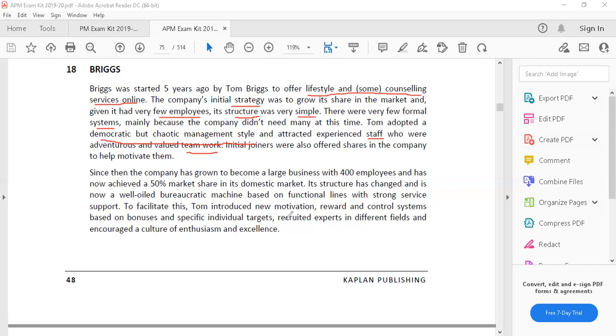Now maybe they were not so adventurous and were not valuing teamwork anymore. That's why there is a need for new motivation, for them to perform better, with rewards in place and control systems based on bonuses and specific individual targets. Then they recruited experts in different fields and encouraged a culture of enthusiasm and excellence.